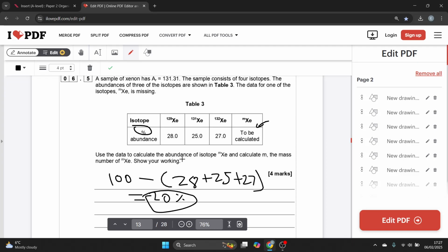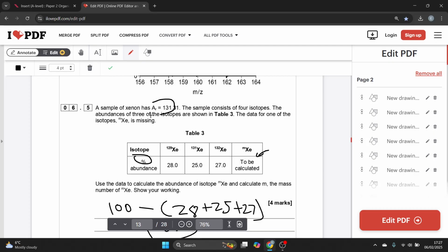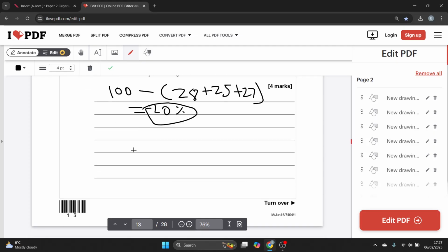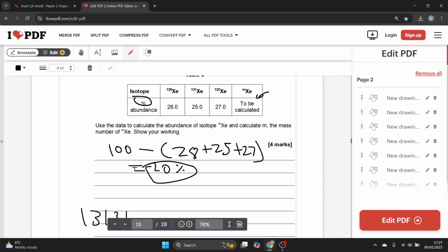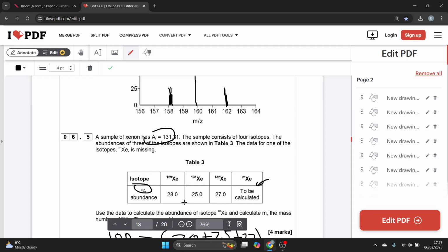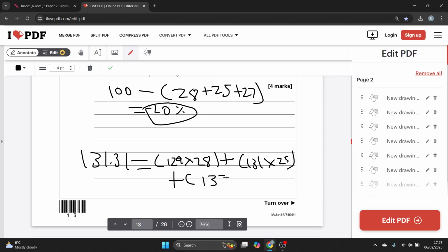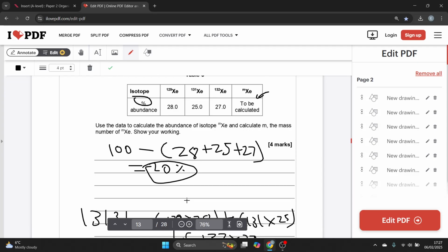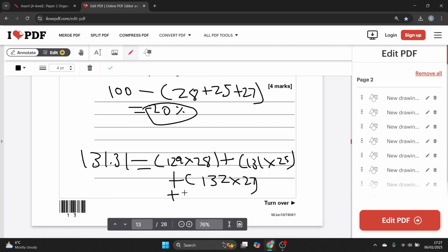Now I want to find out the mass number of MXE. So what I'm going to have to do is, I know the Ar equals 129 times 28, plus 131 times 25, plus 132 times 27, plus 20y, divided by 100.